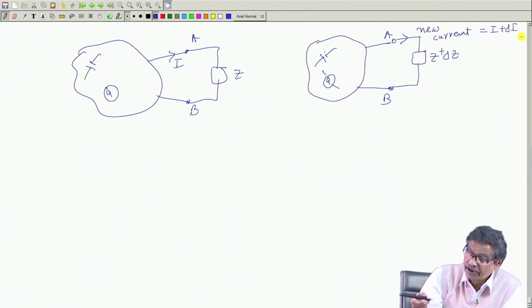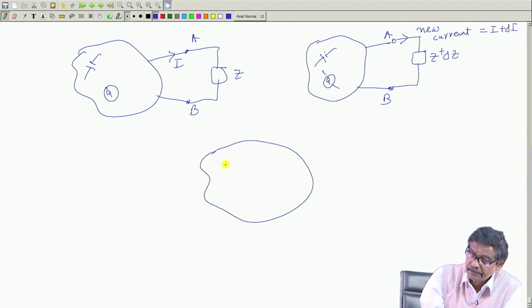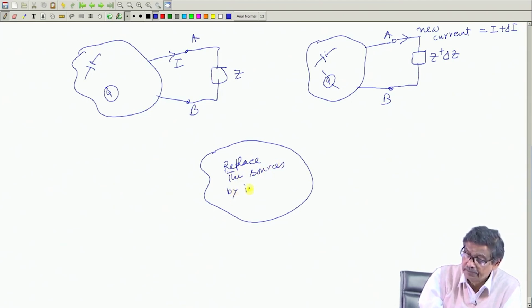Then, to find out that current, here is an option: take the network, replace the sources by internal impedances.